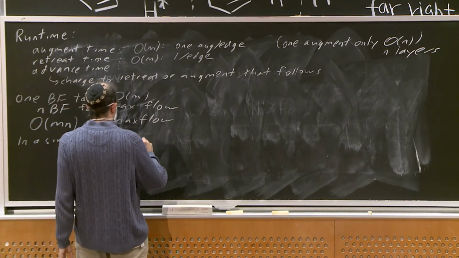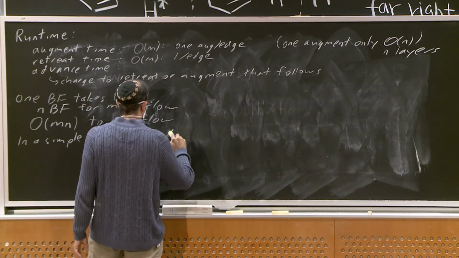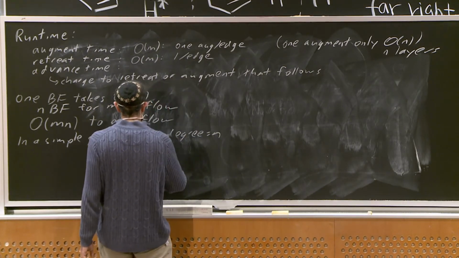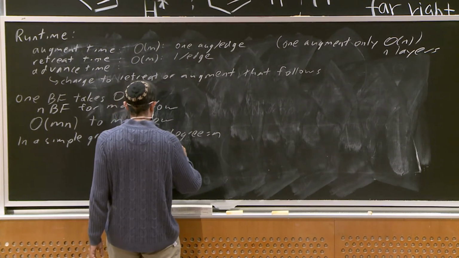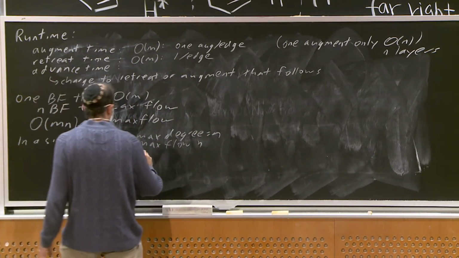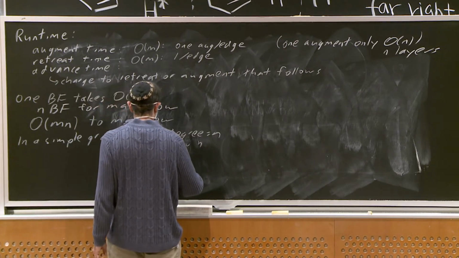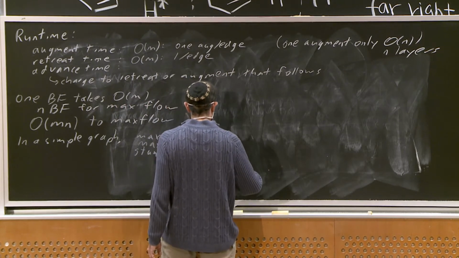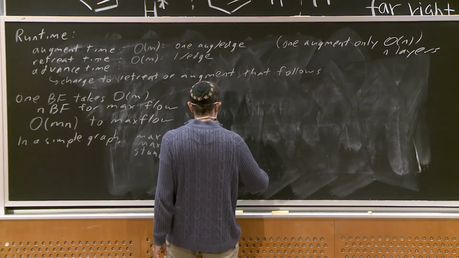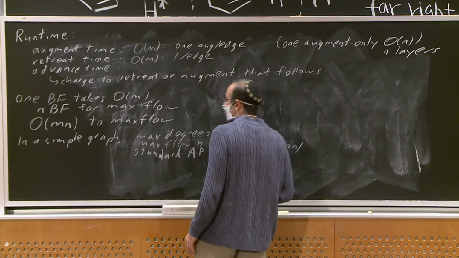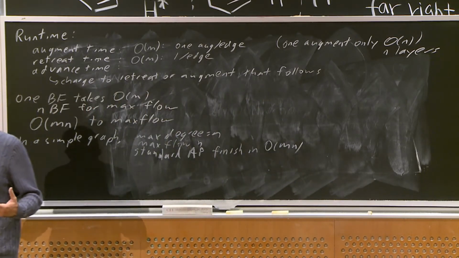The maximum degree is n, which means that the maximum flow is n, which means that standard augmenting paths finish in order mn time in the unit capacity case.